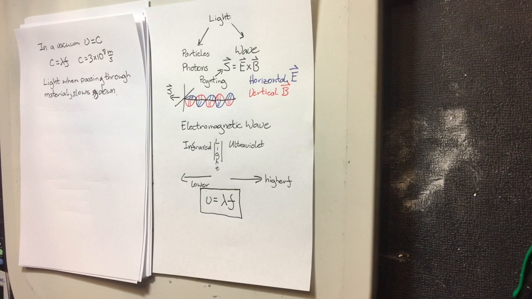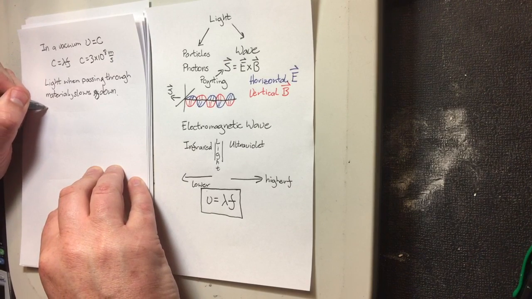And in fact, when it passes through air, it slows down a little bit. Really what's happening is that the material is absorbing the light and re-emitting it. And what this absorption and emission does is effectively slow down the light passing through.